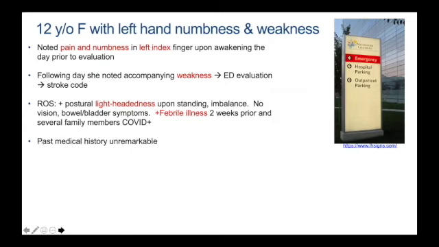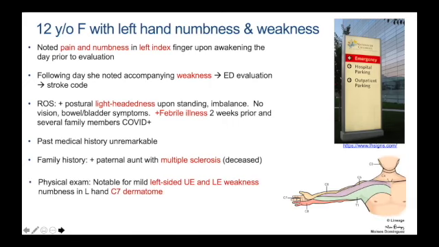Otherwise, her past medical history was unremarkable. Her family history was notable for a paternal aunt with multiple sclerosis. On physical exam, she was noted to have mild left-sided upper and lower extremity weakness, as well as some sensory symptoms along her C7 dermatome.